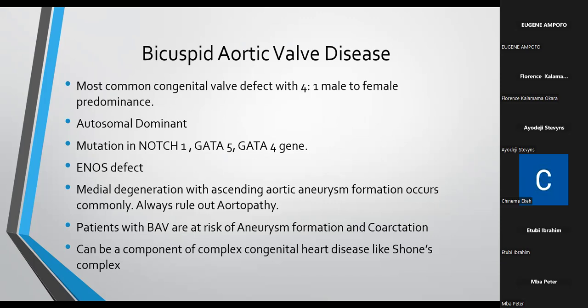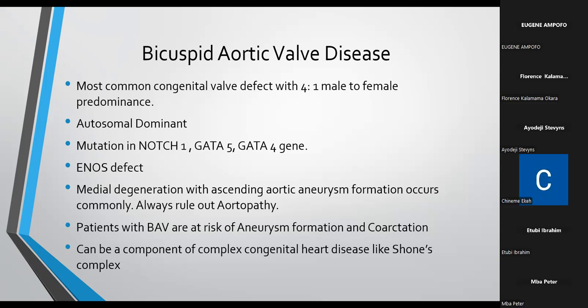It could have some form of AD inheritance, with mutation in NOTCH1; some other genes can also be affected. You could have some medial degeneration with ascending aortic aneurysm formation, and always rule out aortopathy. Patients with BAV are at risk of aneurysm formation and also coarctation of the aorta.